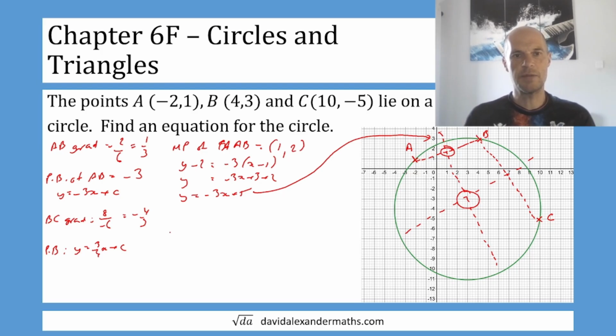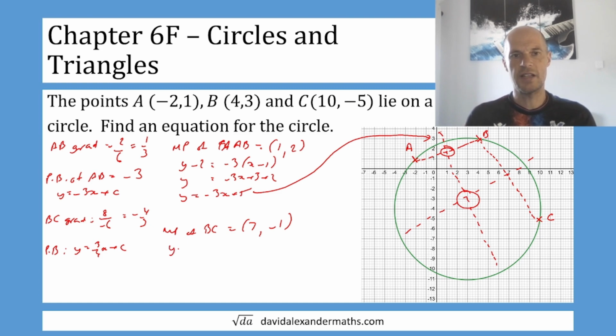Okay, so I want the midpoint again. So the midpoint of BC is midpoint of 4 and 10 is 10 plus 4, 14, half it 7. 3 plus -5 is -2, half it -1.